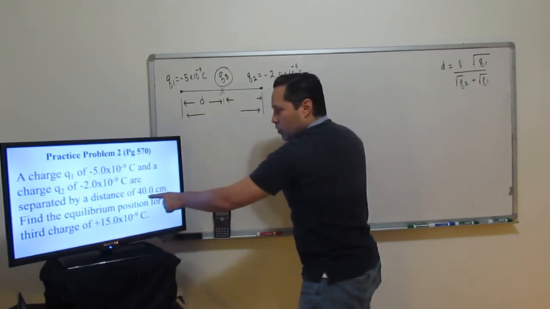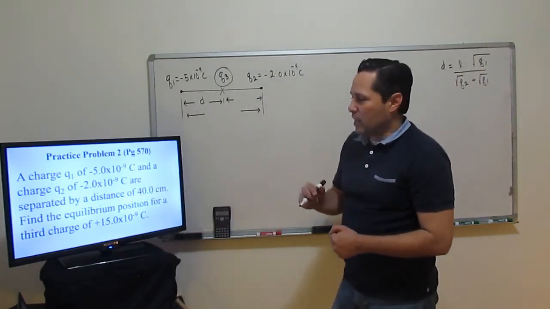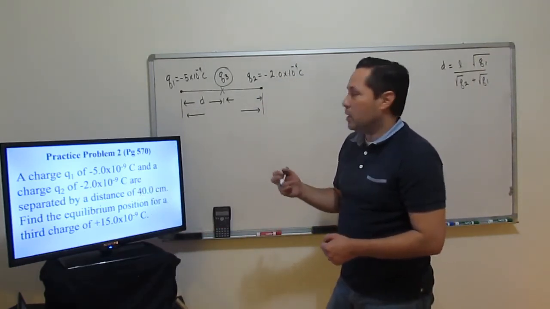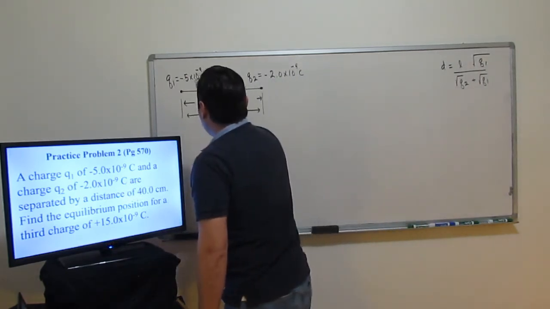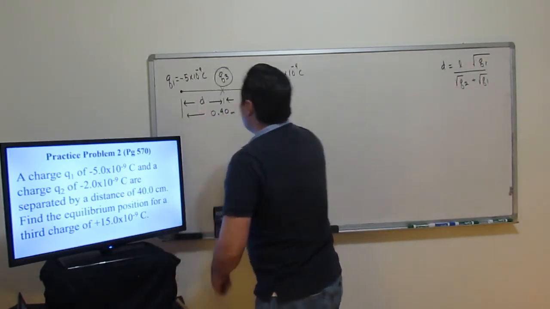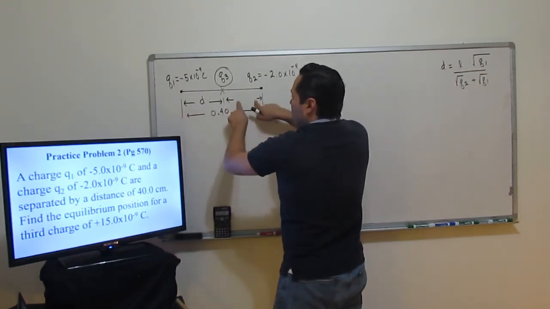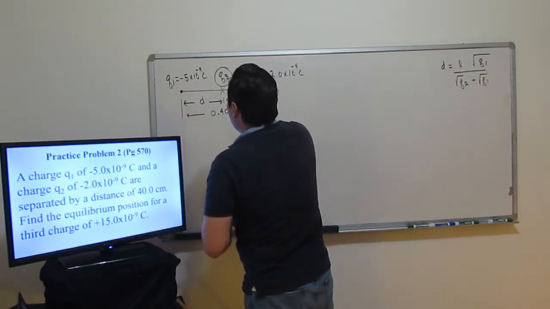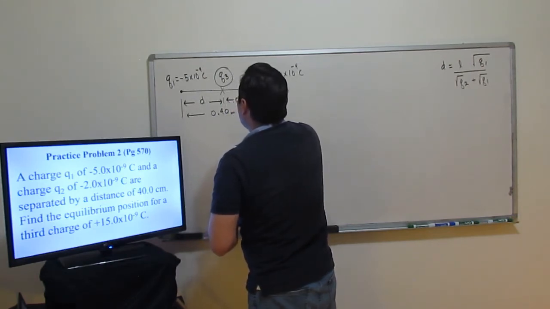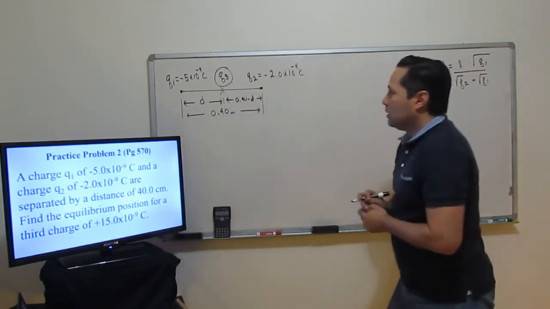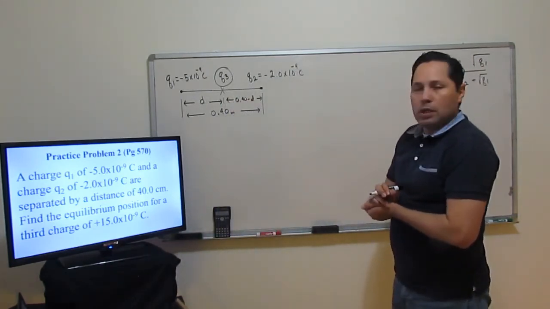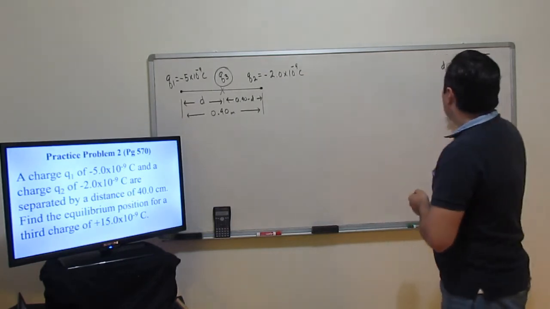It's going to be 40 centimeters. But we need that in meters, so we're going to divide it by 100. So it's going to be 0.4 meters. So if this is 0.4 meters, that's the total length, and that's D. So what's this one? It is 0.4 meters minus D. Alright, so there we have it. That's our setup. Let's plug it into this formula.